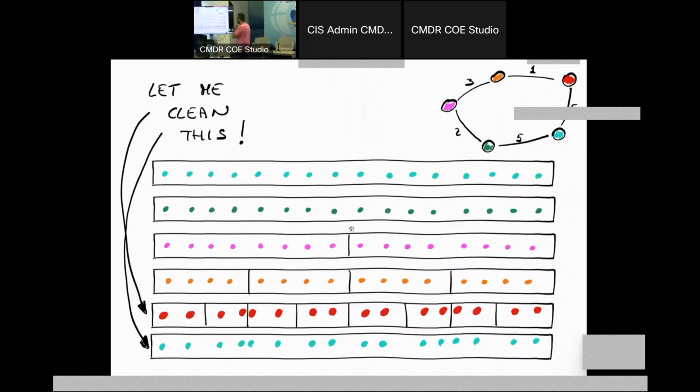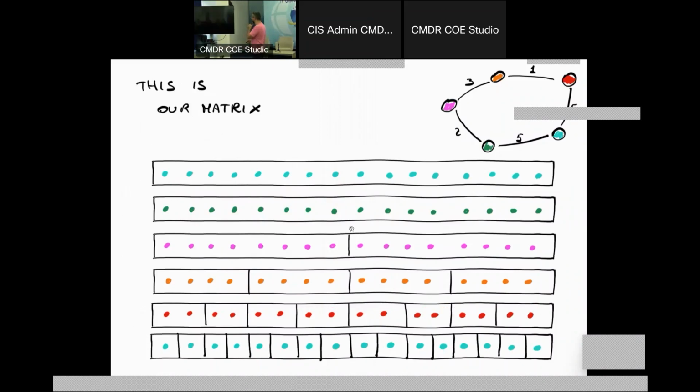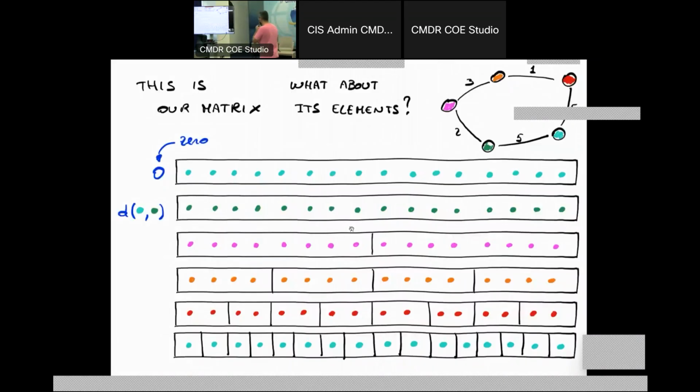Now, here it was a little messy because these were the positions of the original tree that I drew by hand. So I cleaned it a little, but you see I have a matrix structure. If you can deal with the blinking, you can see a matrix structure. And now what do I do with this matrix?